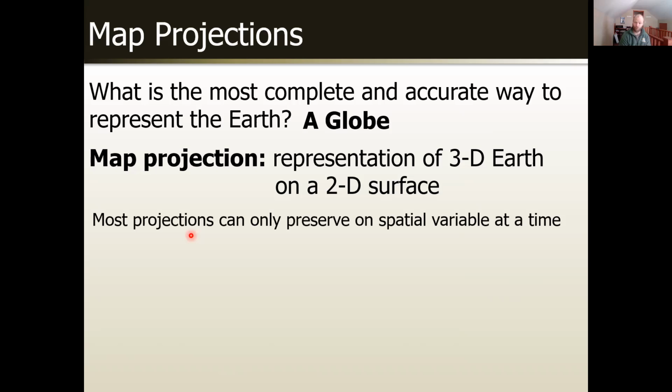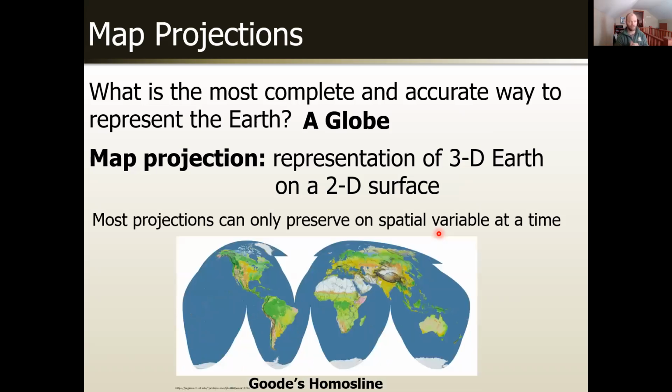So most projections, as they're known, this idea of a projection is, again, the fact we're representing 3D Earth on a 2D surface, will only preserve one variable, either size or shape, at a time. There are some exceptions, and one of those projections is known as the Goode homolosine.